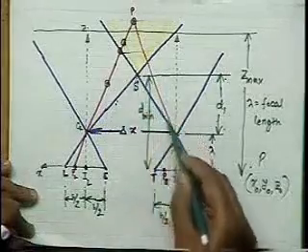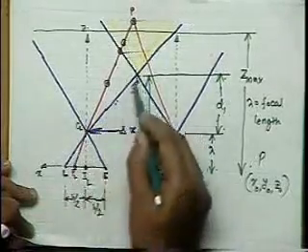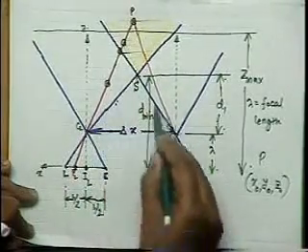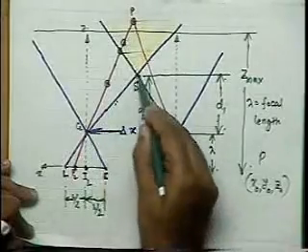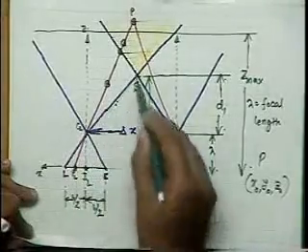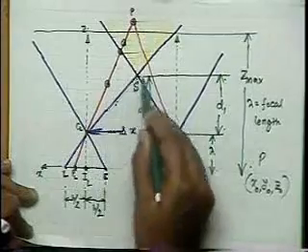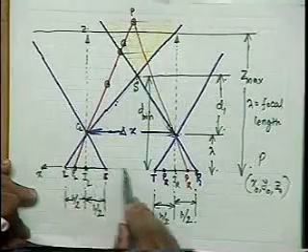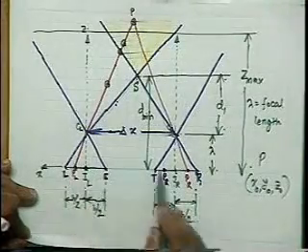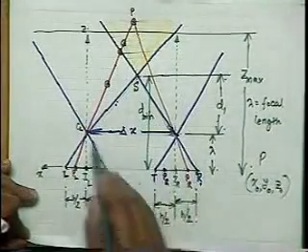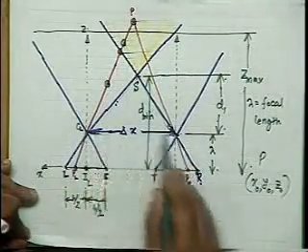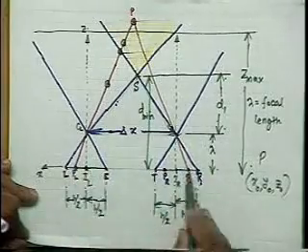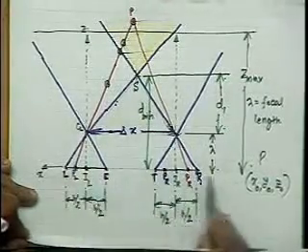Take these two triangles, SLR and SCLCR. The distance from L to R is delta x plus h.